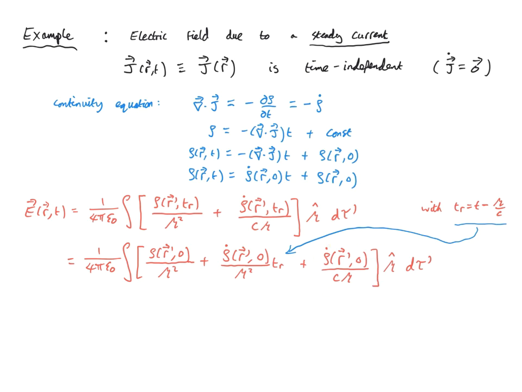So we get the following. And the nice thing about this expression is that, comparing it to this equation here, we can see that this object inside the square brackets is nothing other than the charge density at position r and time t, not retarded time t_r, but at real time t, divided by script r squared.